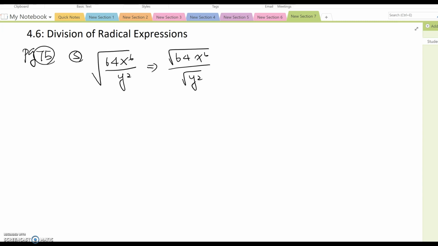And now you need to simplify as much as possible. As you see, root 64 means 8, and x^6 means x cubed, over y squared means y. In this case, fortunately, everything is evenly simplified, so the answer becomes 8x cubed over y.